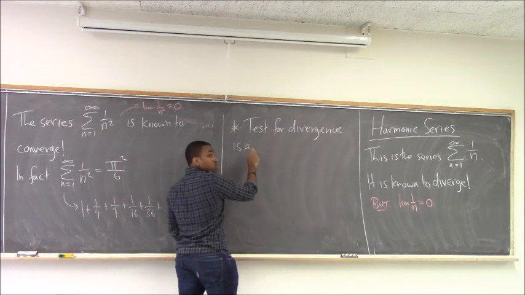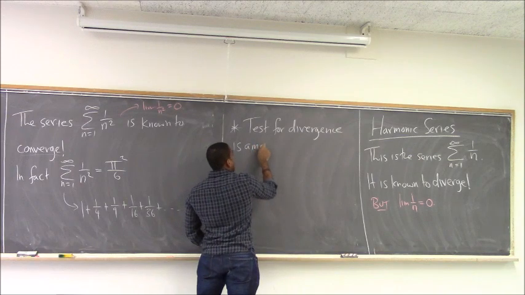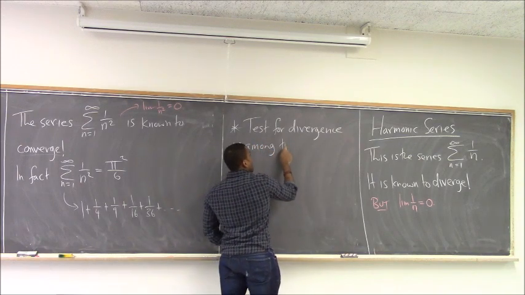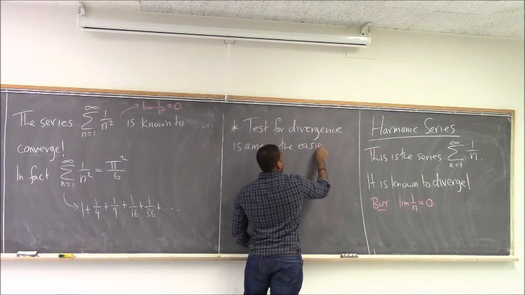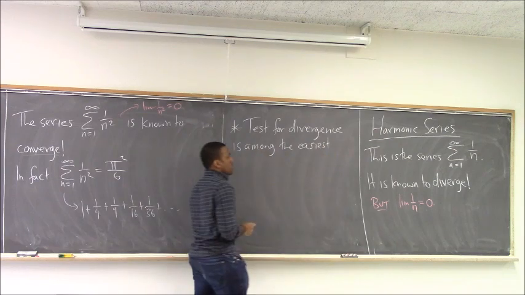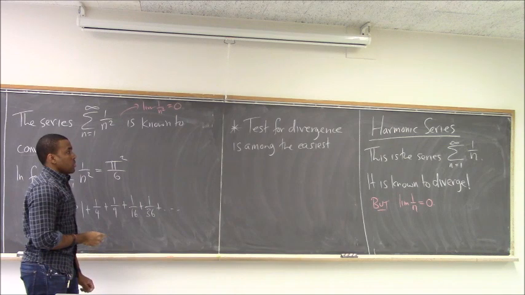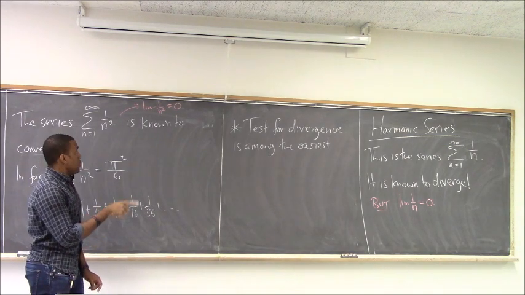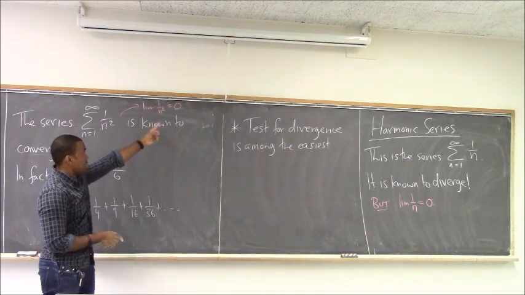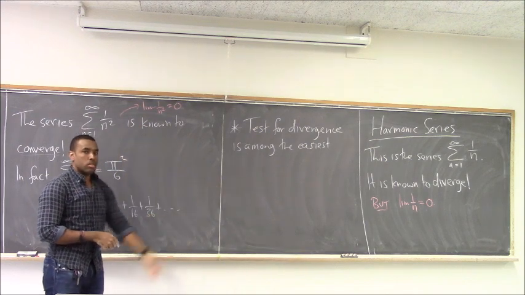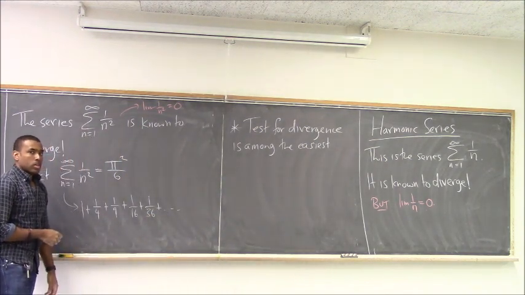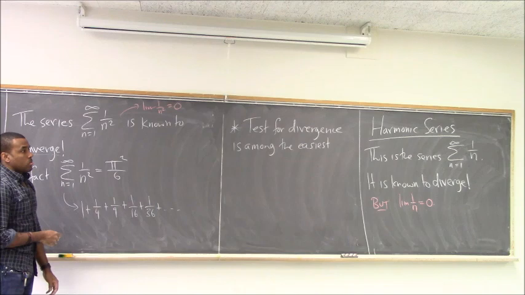Yes. So when you use the divergence test and we get 0, can you assume that it's never going to diverge if we use any other test? If you check the limit and you realize it is 0, then you must use another test to make any conclusion about it.